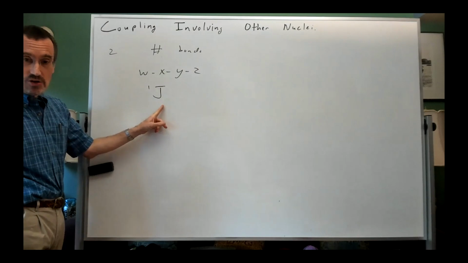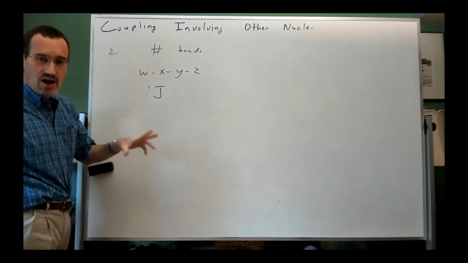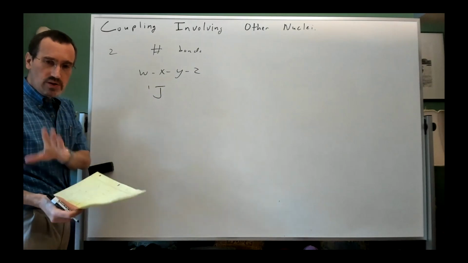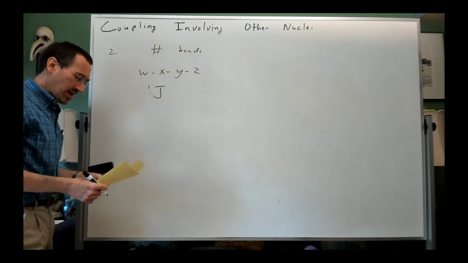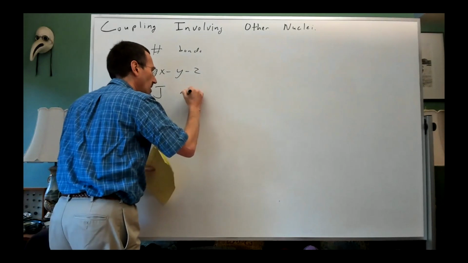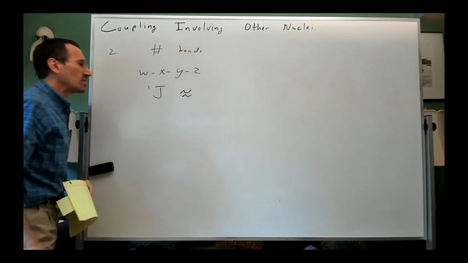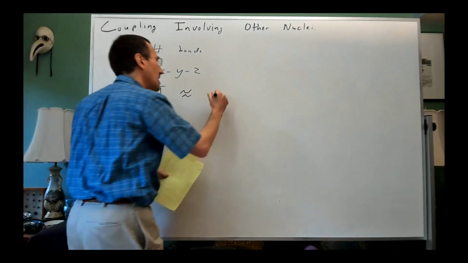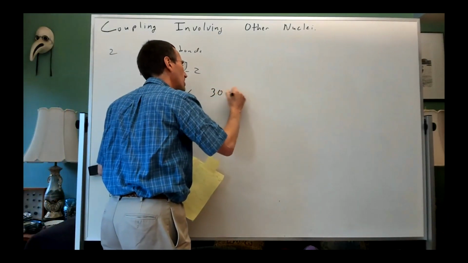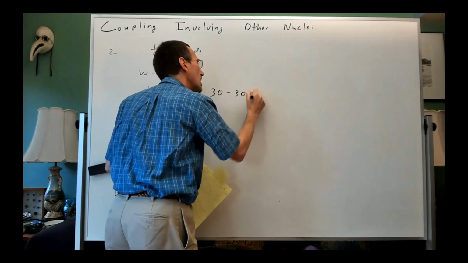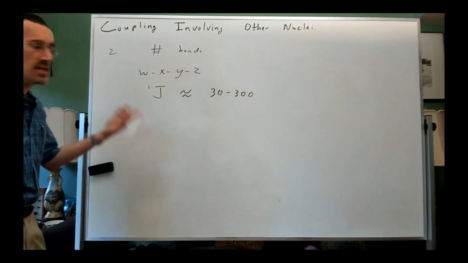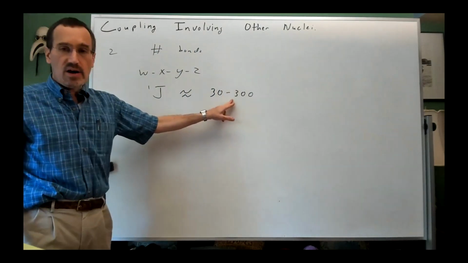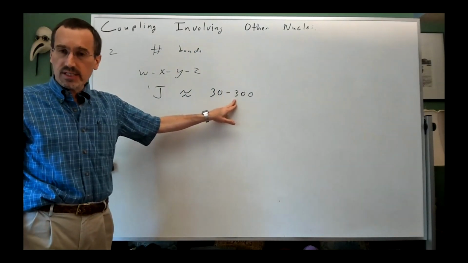I can show you numbers that are smaller than the range I'll give you, and numbers that are larger. But I'll give you a range that's sort of centered around 100, in other words, approximately 30 to 300. In your textbook, you'll see an example that's 700. But the point is, you're somewhere on the order of 100 hertz.